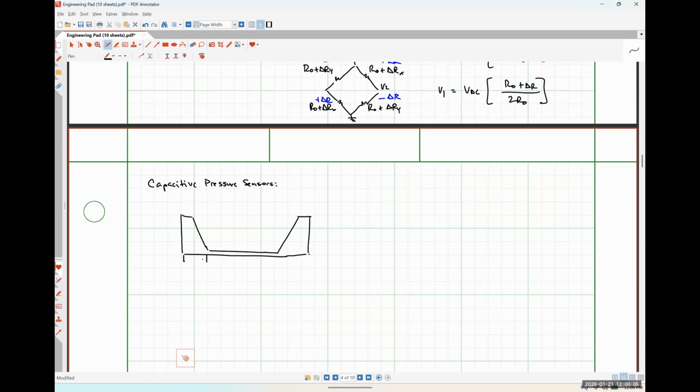I'm going to have some amount of insulation between the two wafers, and then another wafer down here, where this region is going to be either some reference pressure or vacuum. Here's our membrane, and like I said, this is an insulator.